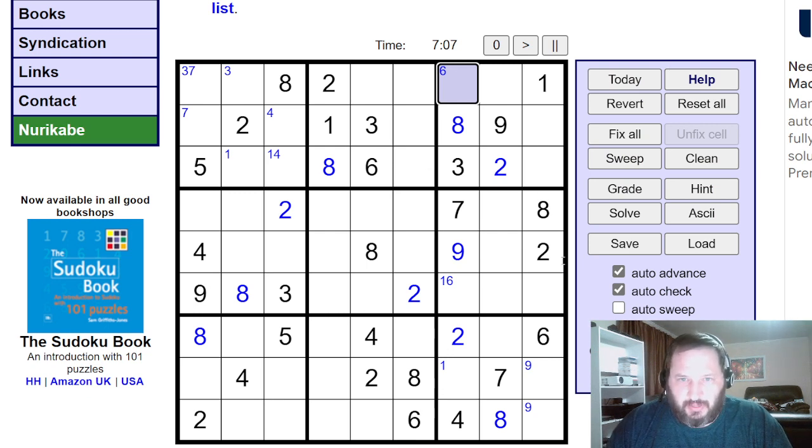See what else we have. Okay, we do have a 7 and a 7, so that we know our 7 for this cube has to go here. Okay, we know we have to have a 6 here. So this creates a little bit of a ghost row over here. So no 6 across the top, no 6 across the bottom.